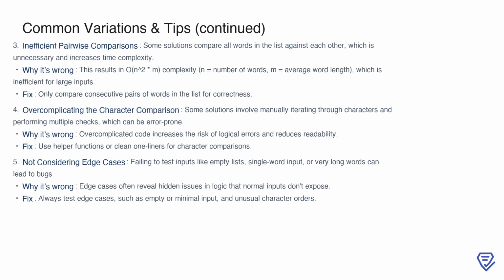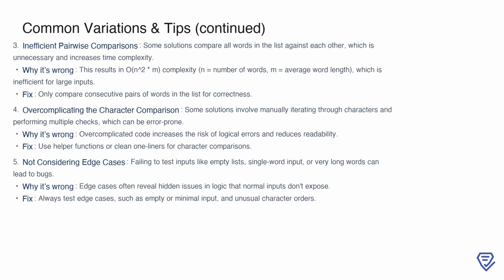Other common pitfalls include inefficient pairwise comparisons. Some solutions attempt to compare all words in the list against each other, which drastically increases time complexity to O(n²*m). Instead, you only need to compare consecutive pairs of words, which is much more efficient. Another mistake is overcomplicating the character comparison process.